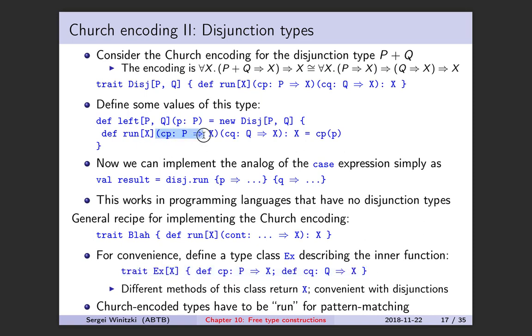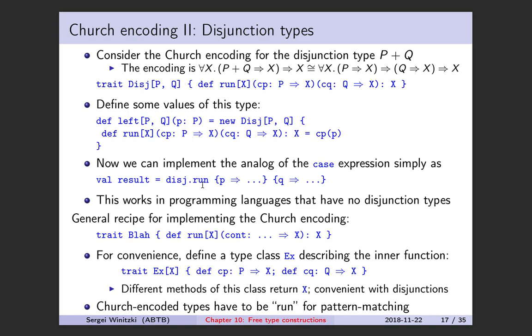Instead of defining a run method with this type signature, you could define it as a function from ex of x to x. And so this is actually much easier to use with languages such as Java or JavaScript, where you have objects with methods, but you do not have disjunctions.